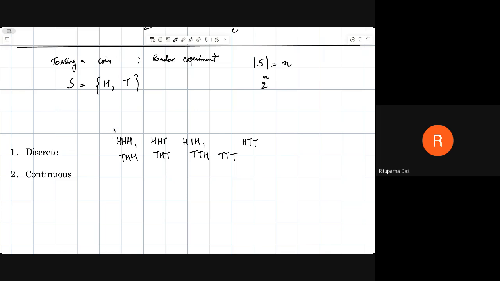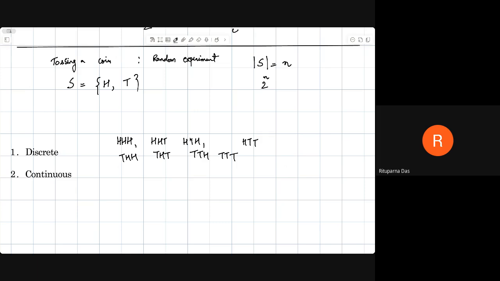Now, for example, we have tossed a coin 3 times, and for that tossing of coin, we are looking at the probability of head occurring twice, right?